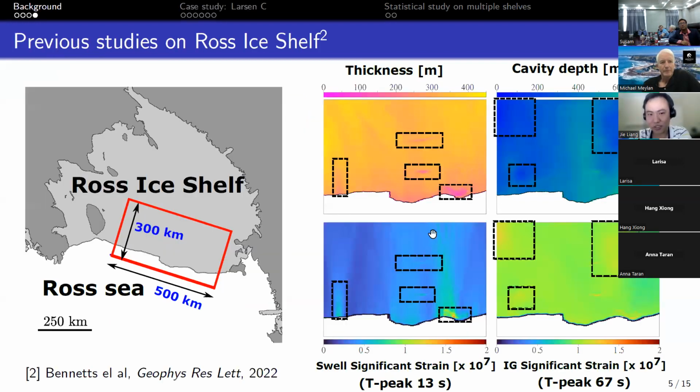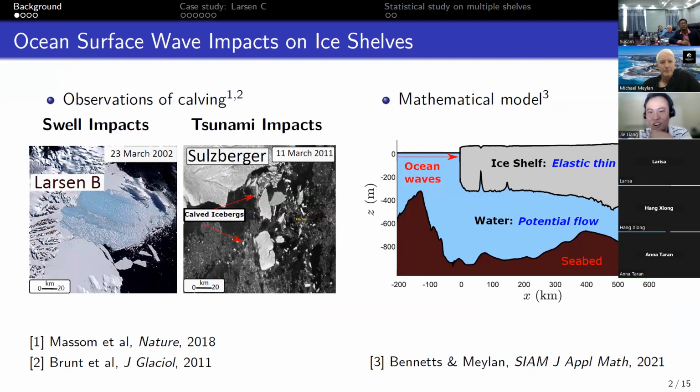This is more like a statistical analysis, so I didn't want to go deep into the model. It's an elastic thin plate with potential flow. And you have a multi-mode method or something like that? Yes, we have multi-modes.